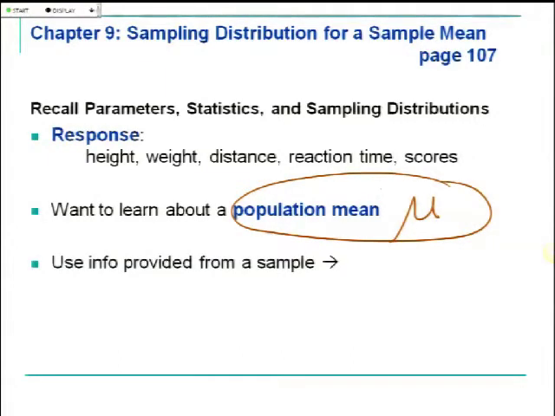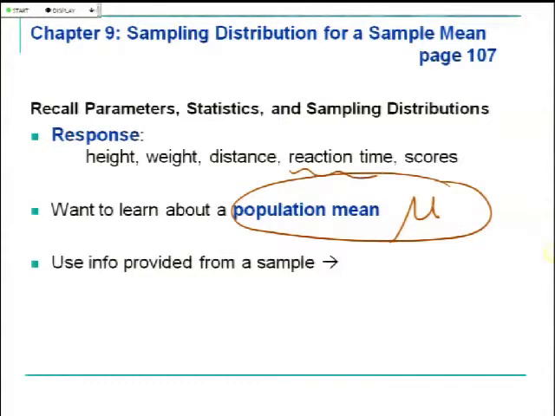You've learned that symbol mu to represent the mean of a population. When it was the mean for a variable whose model describes what's happening in the population, we also had that E, right? Expected value of X, or the population mean. So we have this population. Inside the population are everybody's reaction time to some stimulus. We want to learn about the true mean for that population, but we can't look at the entire population.